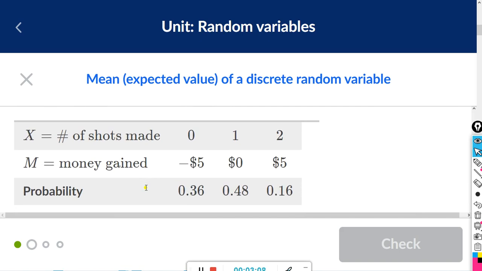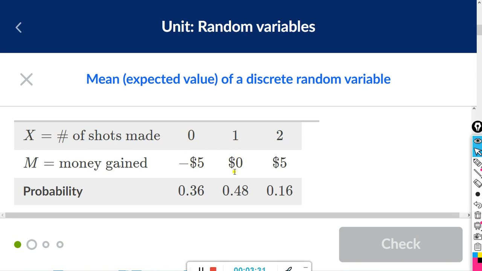These are the number of shots made and the probability, and this is the amount of money gained on each scenario. If he doesn't make any shots, he loses $5 because that's what he paid. If he makes 1 shot, he just breaks even.